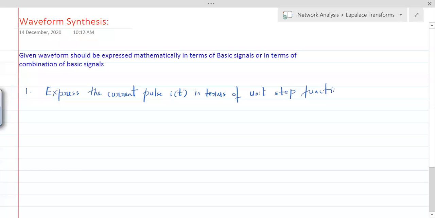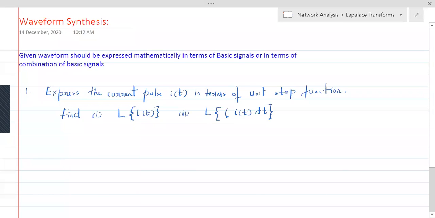In terms of unit step function, you need to obtain the given current pulse I of t. After you do that, find first, the Laplace transform of I of t. Second, the Laplace transform of the integration of I of t with respect to t. So this is what we need to do.